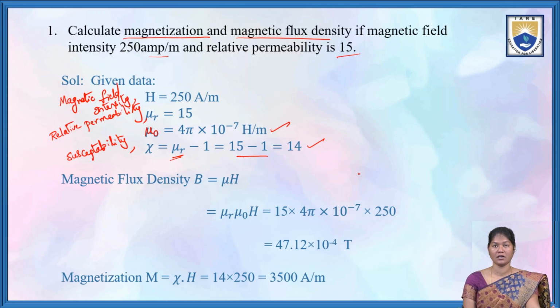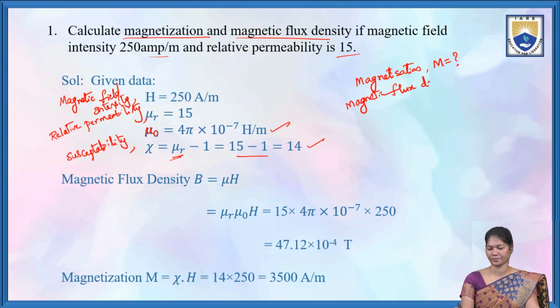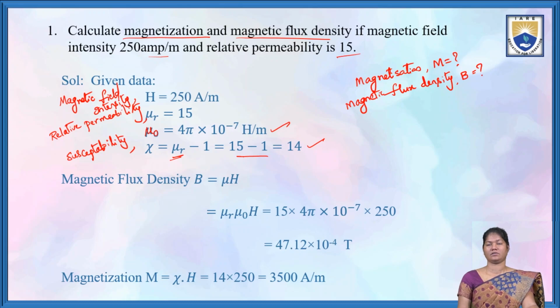Let's see what we have to calculate. So we have to calculate magnetization, M, and then magnetic flux density, which is denoted with B. So these two we have to find.